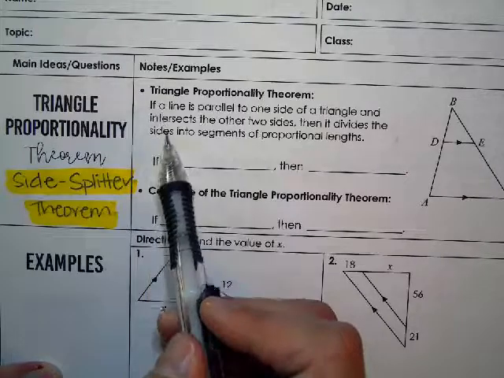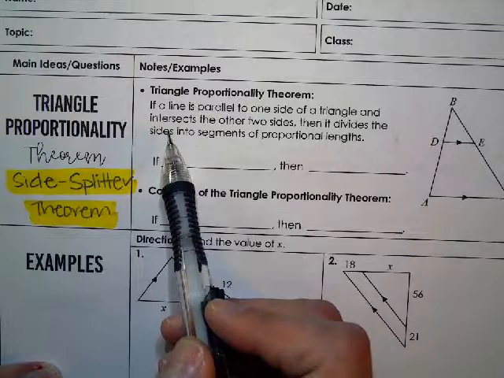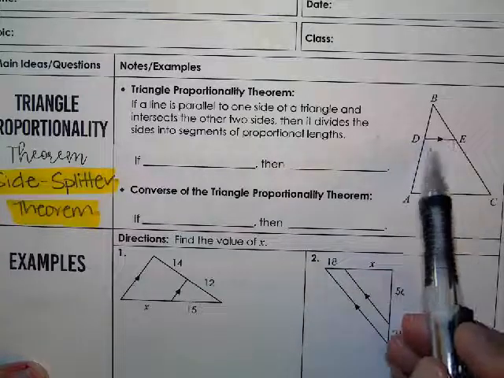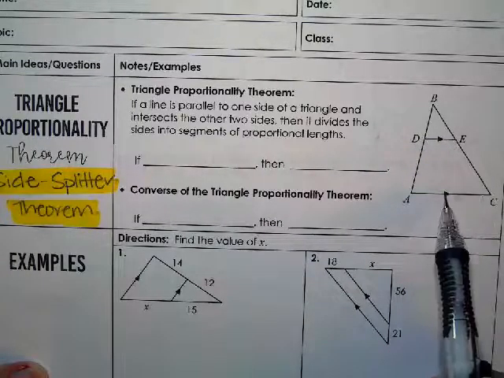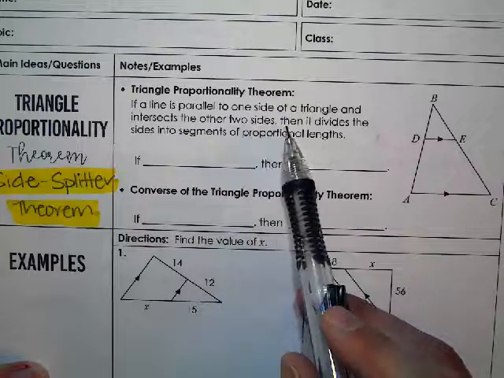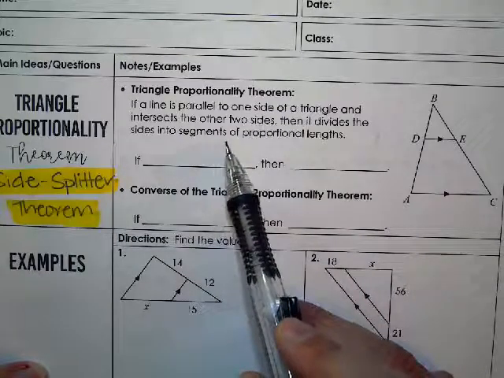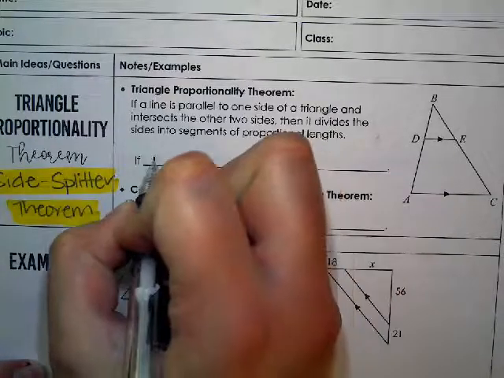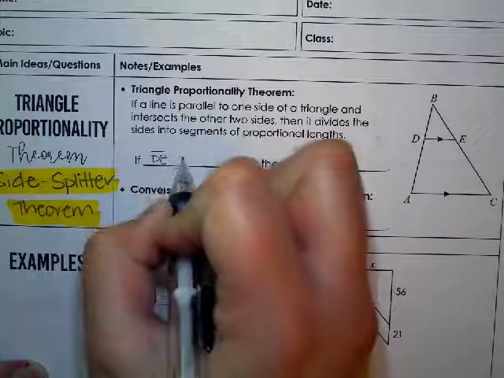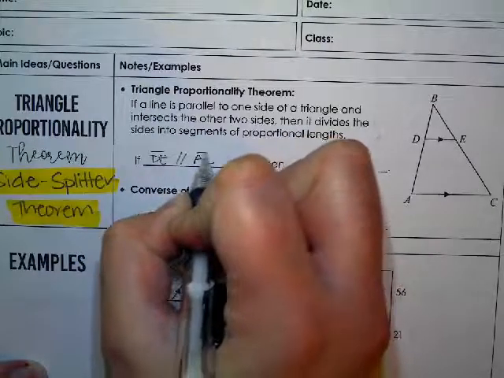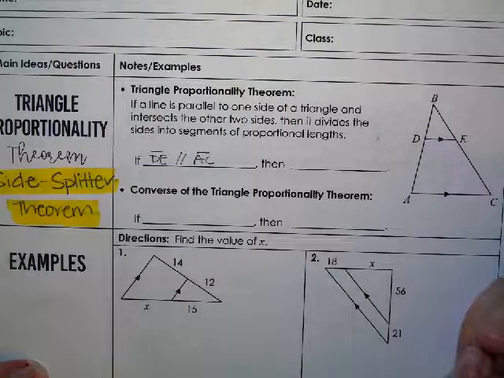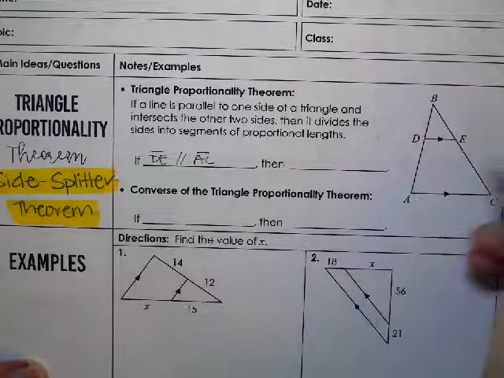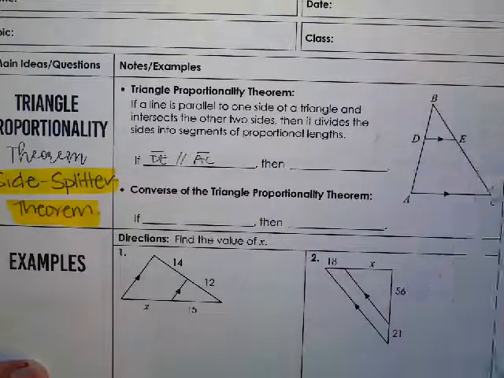So here is the theorem in all its wordy glory. If a line is parallel to one side of a triangle, so here the line DE is parallel to one side of the triangle, that's AC, and intersects the other two sides, then it divides the sides into segments of proportional lengths. So if DE is parallel to AC, then this side over this side is proportional to this side over this side.